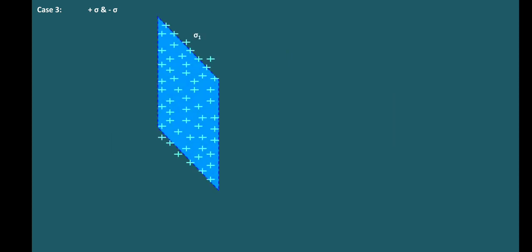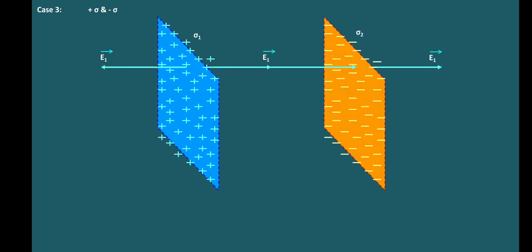And the third case: both have the same surface charge density but opposite charges. That means the first sheet has a positive charge and the second sheet has a negative charge, but they have the same amount of charge on each sheet, so the directions of the electric fields are denoted as in the previous case.